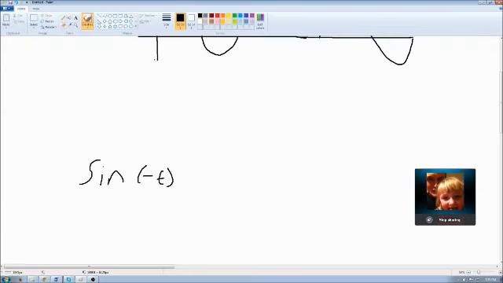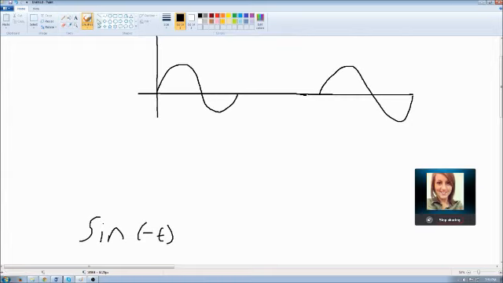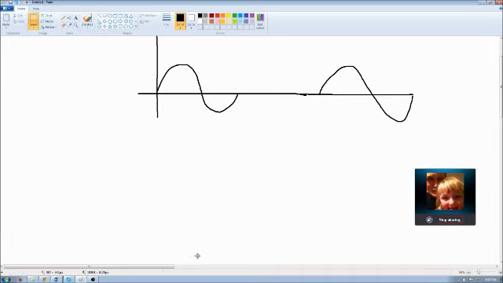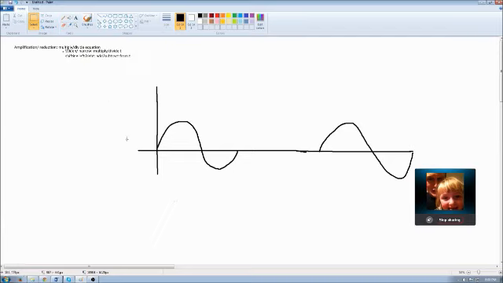Because u of t is 1 across the board always, if we just straight multiply sine and u of t, we would get a standard sine wave. But because we have this missing section, we actually have to have a more finite example.